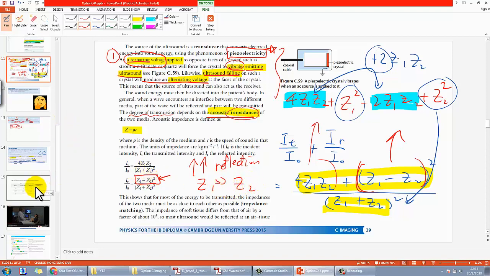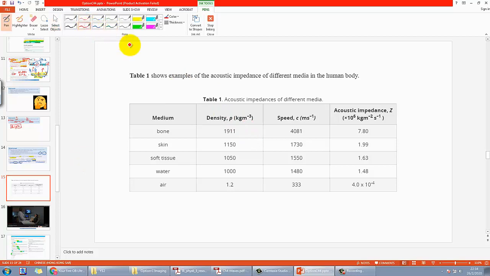If you try to look at the table from the textbook here, you see that for air, the impedance is very low, while for skin, it's very high. So you can see that's why this difference would make the ultrasonic wave reflect mostly.